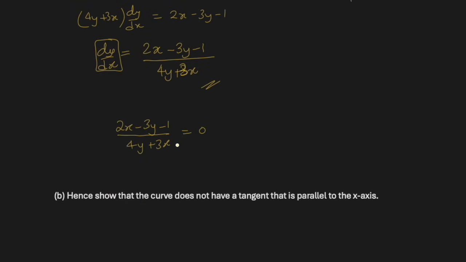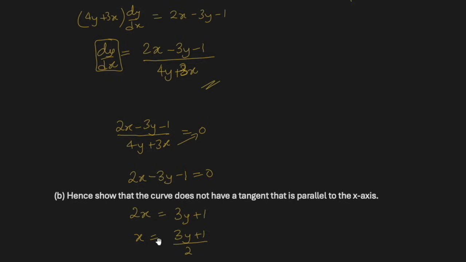By cross multiplication, this will multiply here, and we'll be left with 2x minus 3y minus 1 equal to 0, or 2x equal to 3y plus 1. x equal to 3y plus 1 divided by 2.